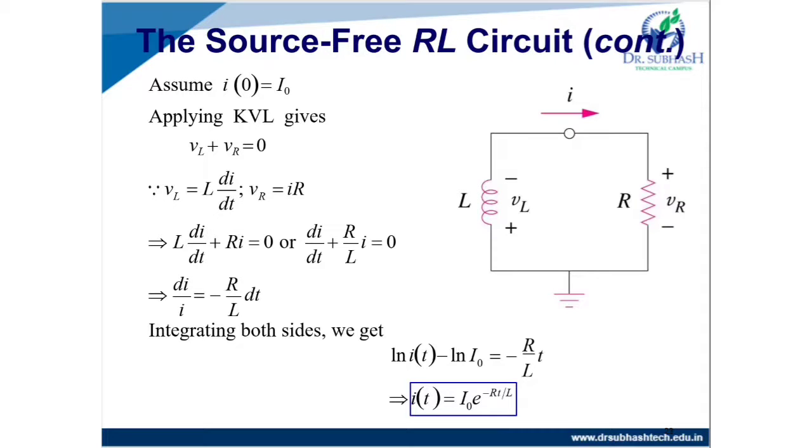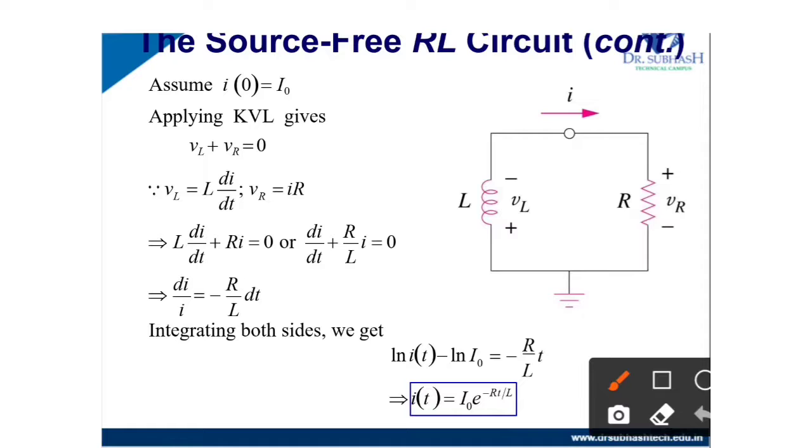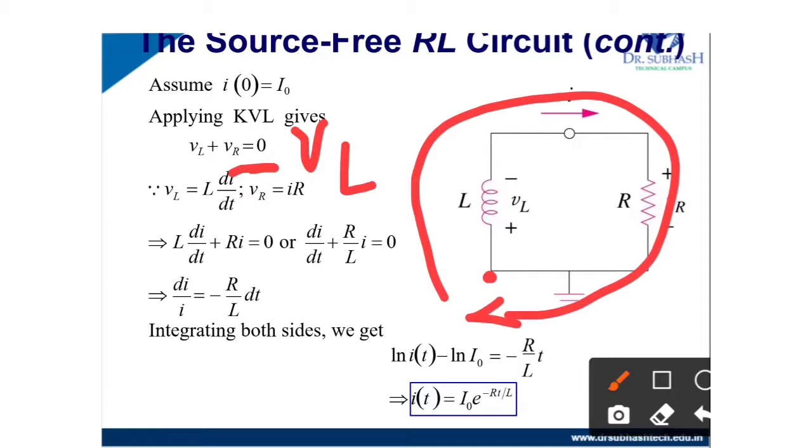We start from the left side bottom and go in the clockwise direction and check the signs. Here the sign is minus VL, and here the sign is minus VR. So minus VL minus VR equal to 0.